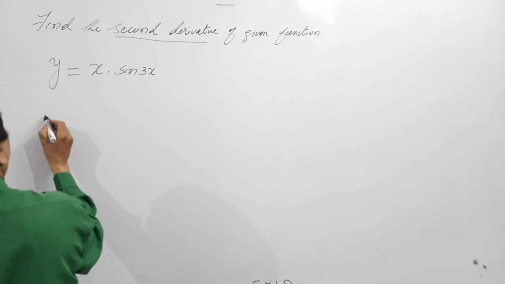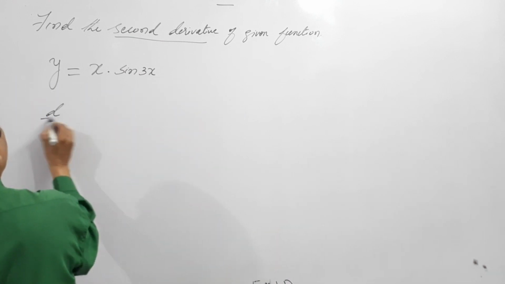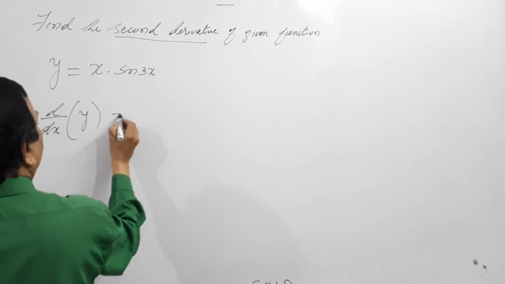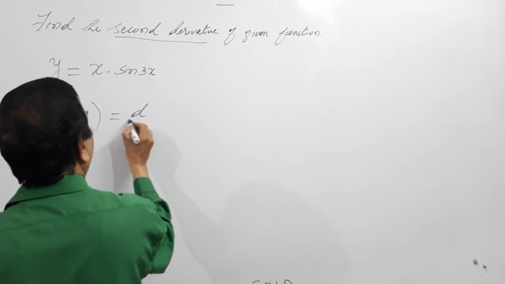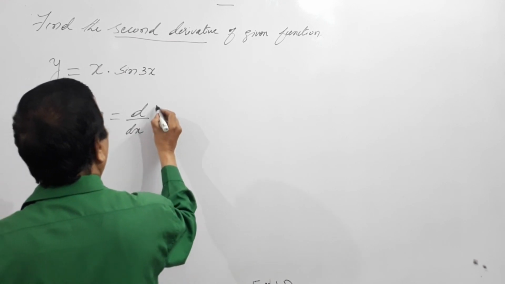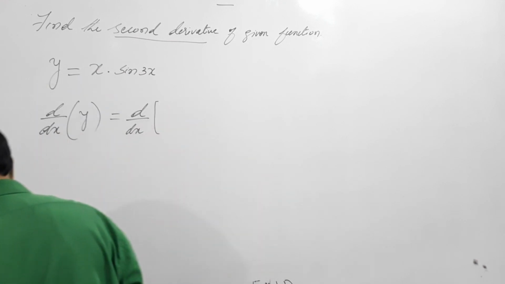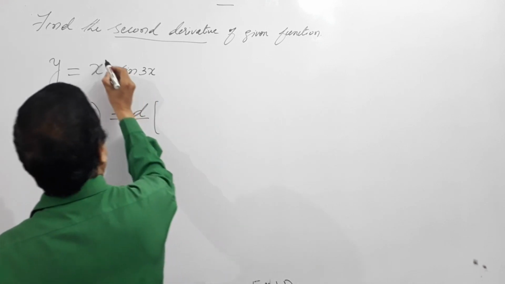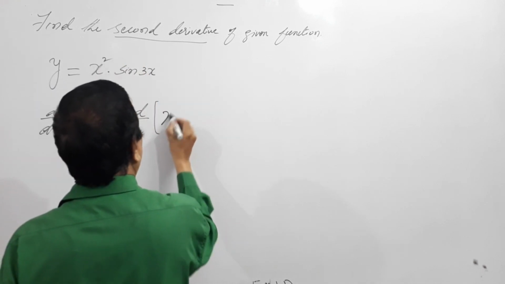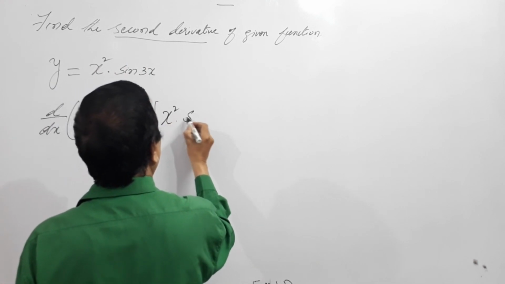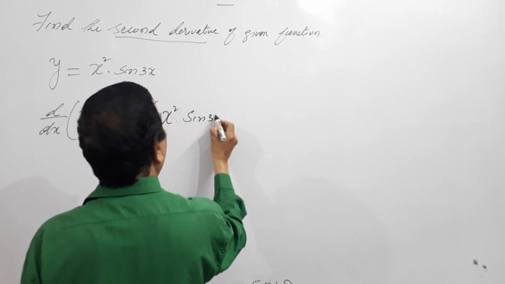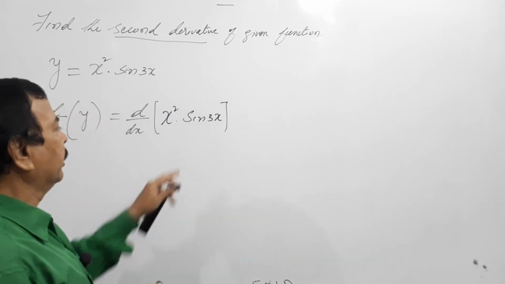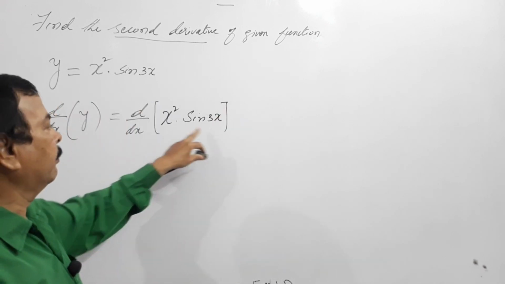So d by dx of y equals d by dx of x square into sin 3x. Here we have to use the product rule because we have two functions.